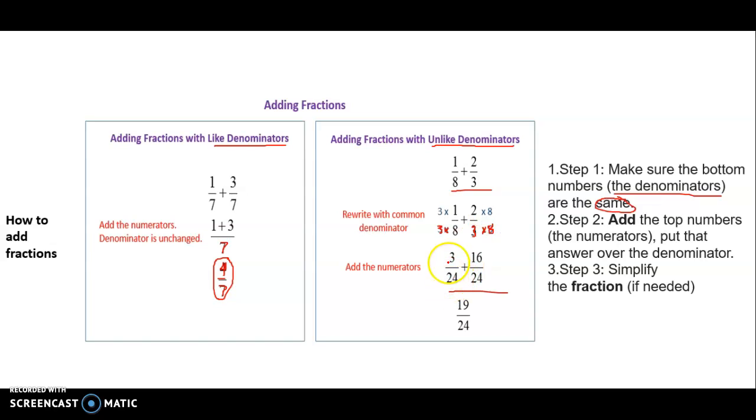So now we have 3 times 1, which is 3, over 24, plus 8 times 2, which is 16, over 24. We keep the denominator the same and add these two, just like in this example. So 16 plus 3 is going to give us a total of 19. So we got 19 over 24.